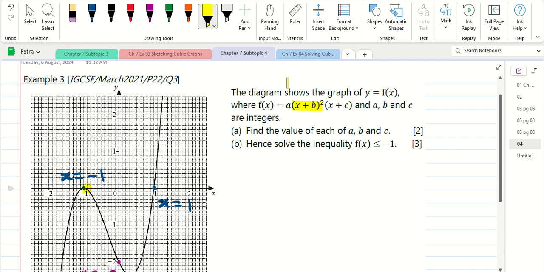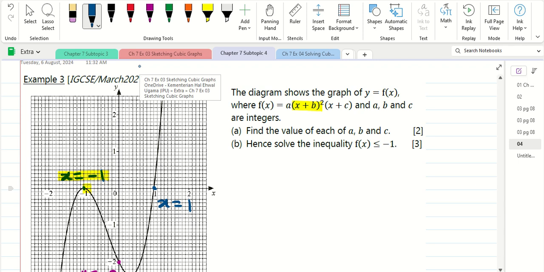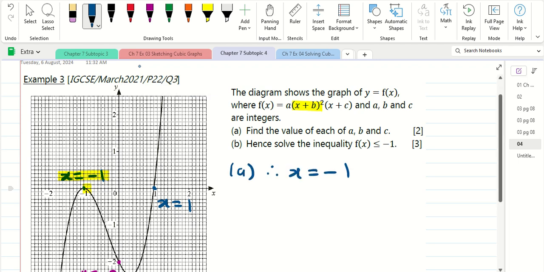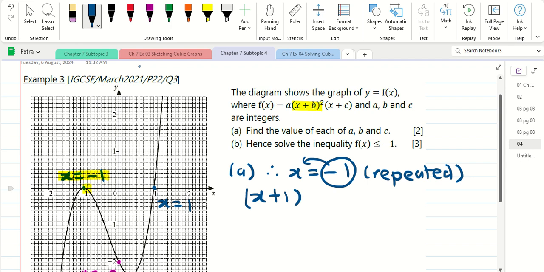In this case, this is your B. For part A, since x minus 1 is repeated, so which will make x plus b is negative 1. So b is going to be plus 1. This is x plus 1. So therefore b equals positive 1.